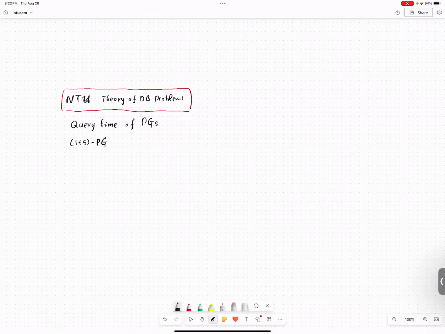However, not every proximity graph promises fast query time. To illustrate this, let's look at an example where P is a set of points in one-dimensional space. We can build a proximity graph on this set of points as follows.